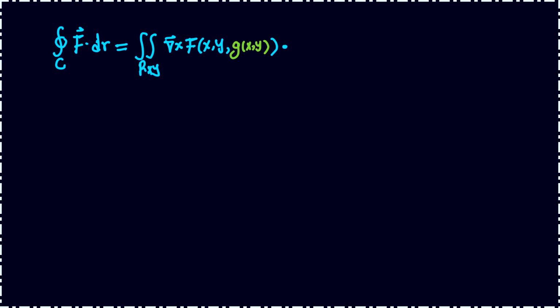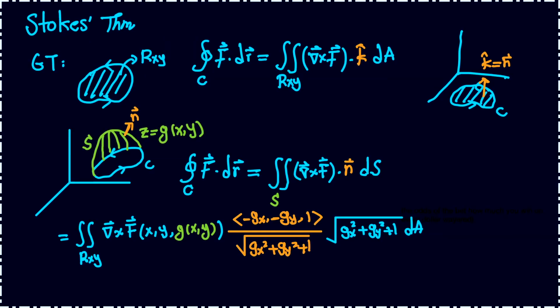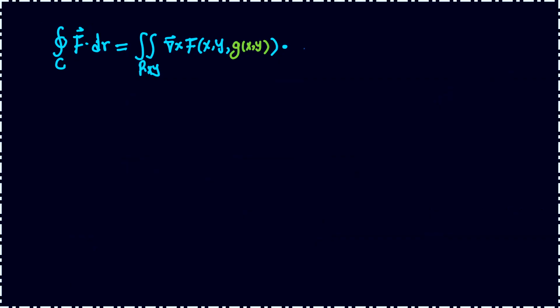You are going to dot it with the vector negative g sub x, negative g sub y, 1. I'm just going to copy paste that over here.